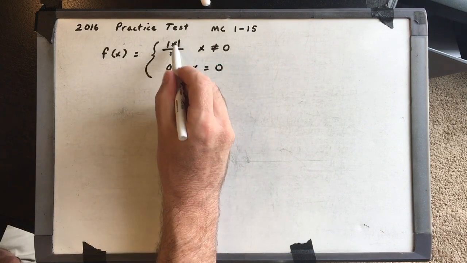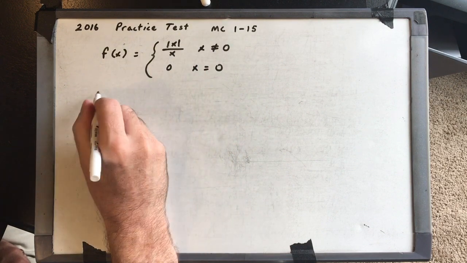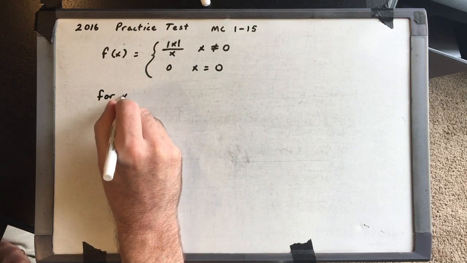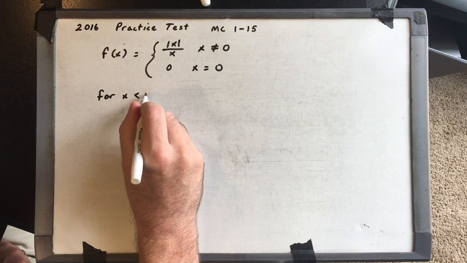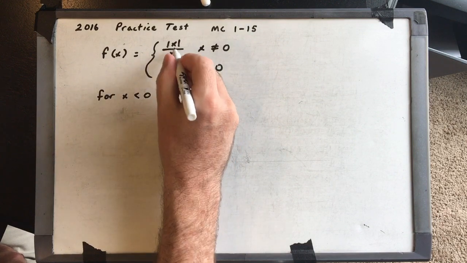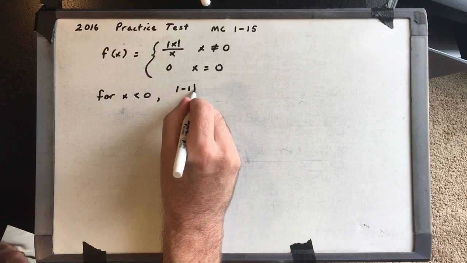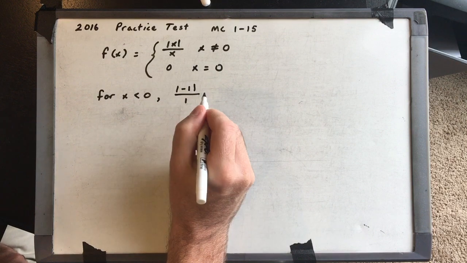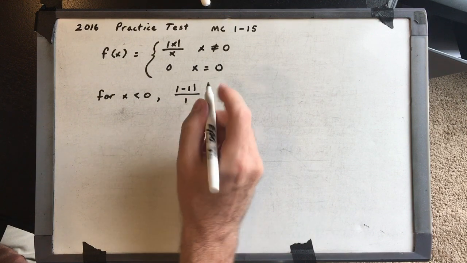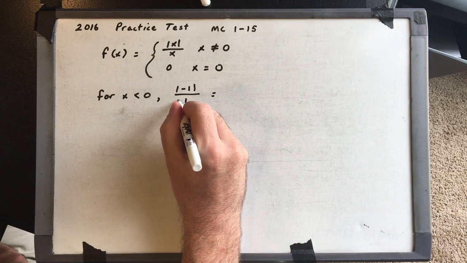So x over x, let's say for x less than 0, let's pick a number. Let's just say -1, the absolute value of -1 over -1.